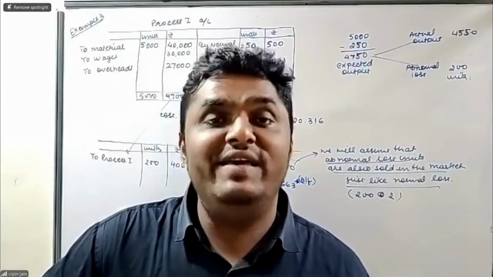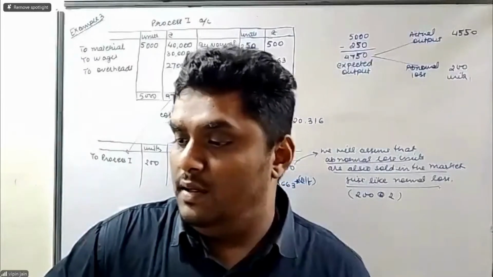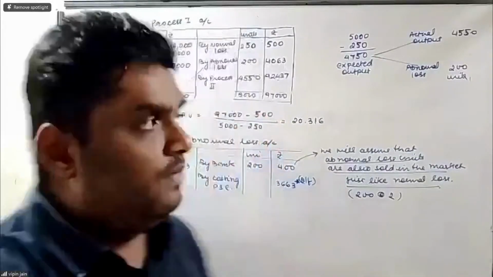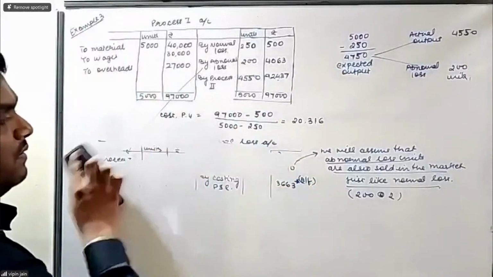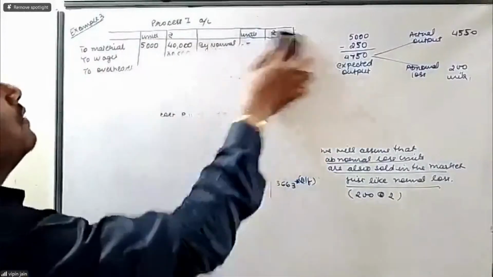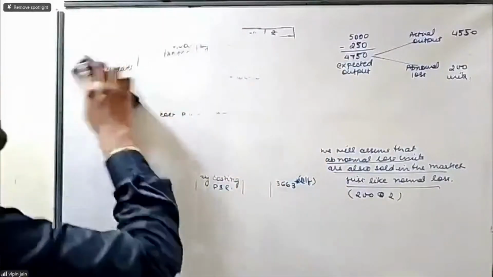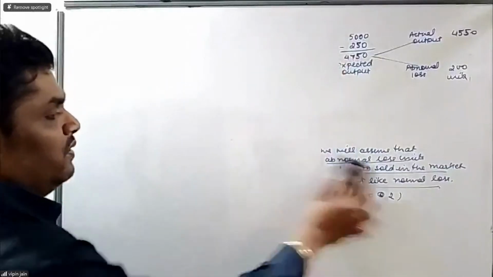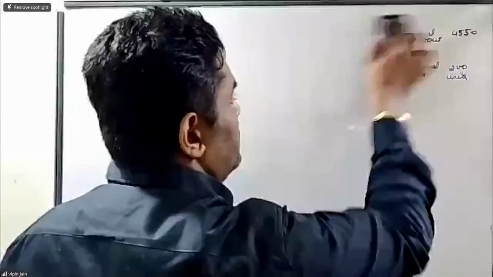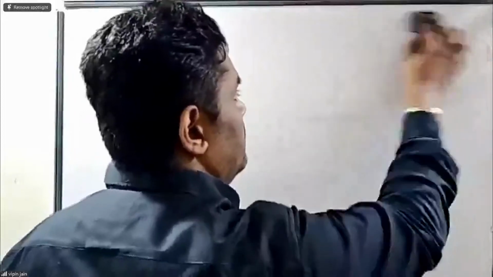We call it saving in the cost, Sanya. Now let's start with the next part, that is abnormal gain. See, just like normal loss, we will assume that these units are also scrapped in the market, Kasat.